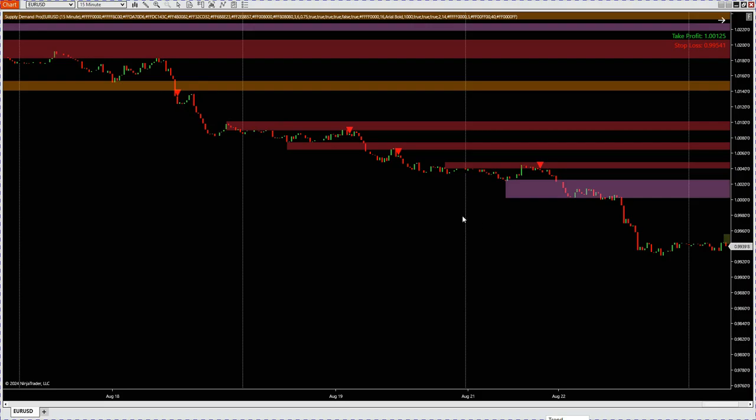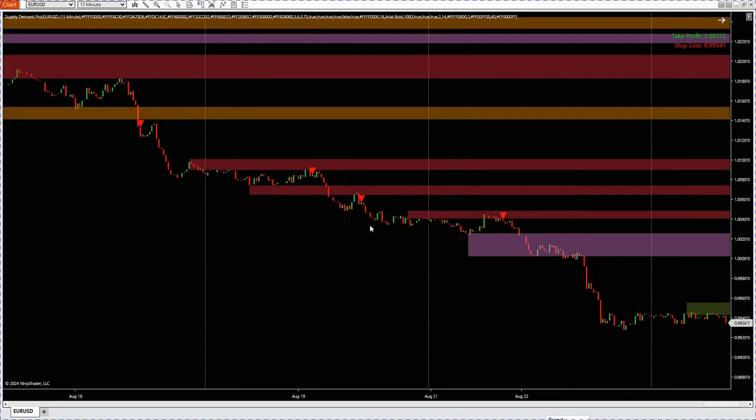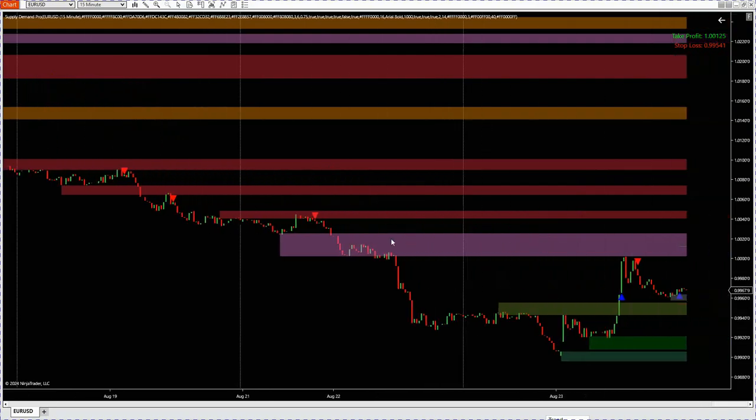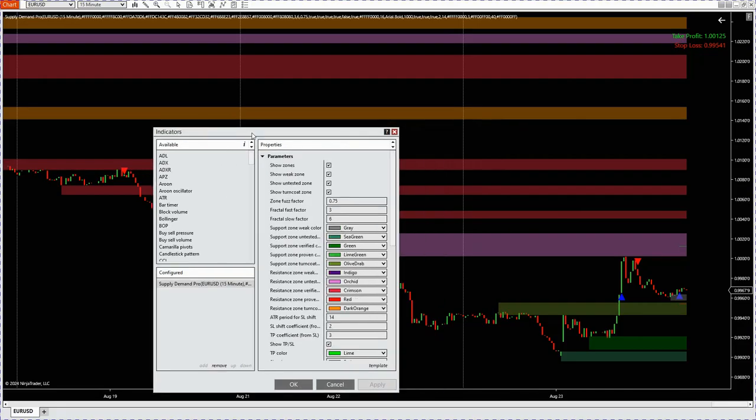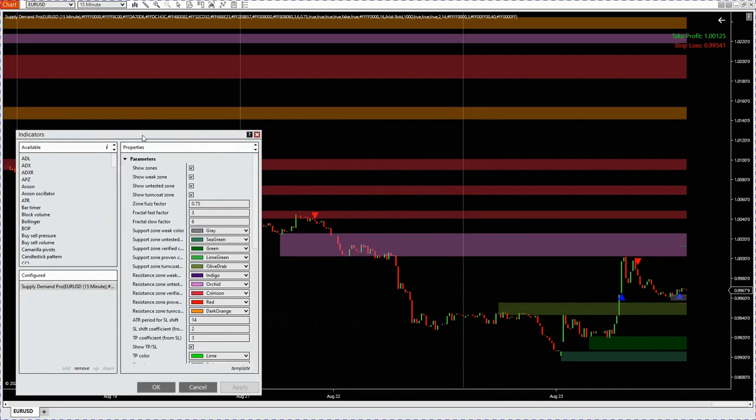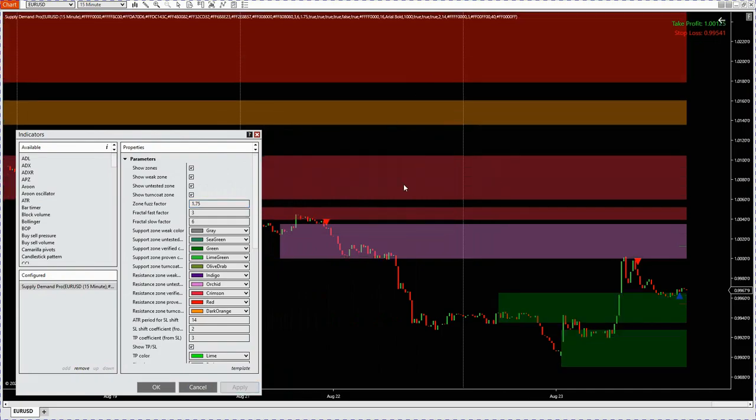Another thing that we want to look at is the default settings that have an effect on the zones. If I go to the indicator settings and look at the zone fuzz factor first, right now the default setting is 0.75, but if I increase that to 1 and hit apply, you can see what it did to the zones.